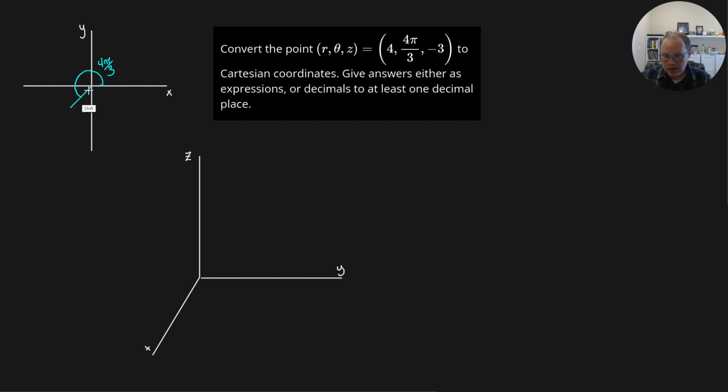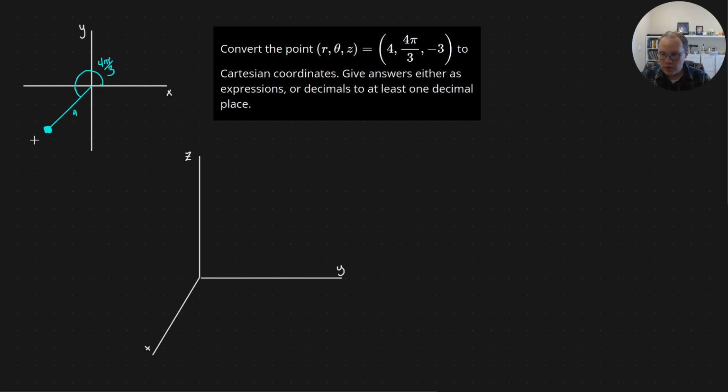So since it's positive, we go the direction that we are pointing. If it were negative, I'd go the opposite direction, right? In this case, it's a positive 4. So I'm going to go 1, 2, 3, 4 units out, about there. Okay, 4 units out.